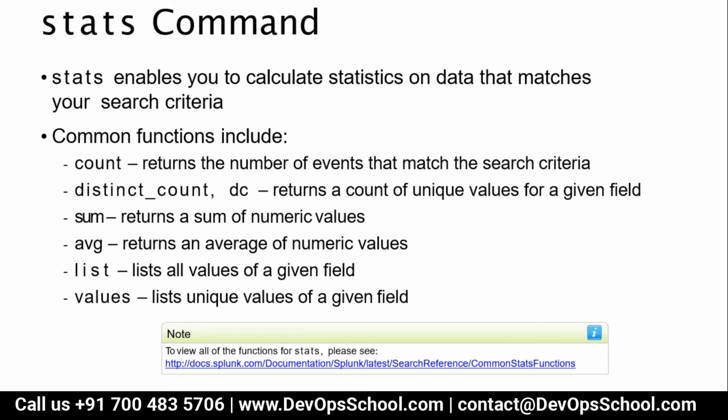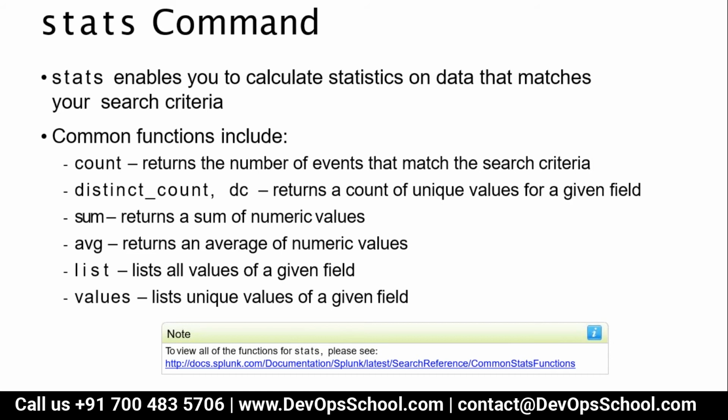Now, some of the common functions include count, distinct count, sum, average, list, and values. These are the functions you can combine with the stats command. So here, count returns the number of events that match the search criteria. Very simple.